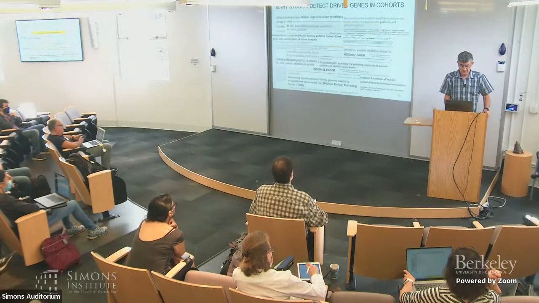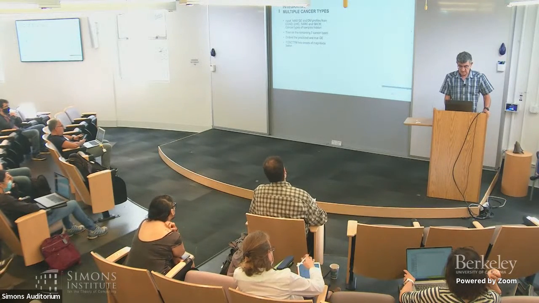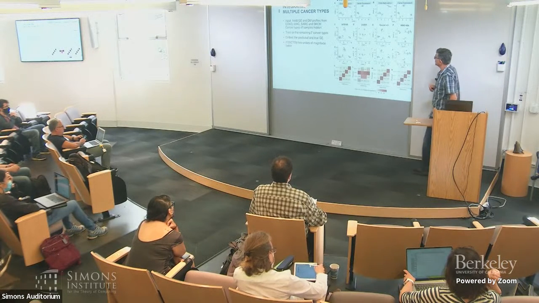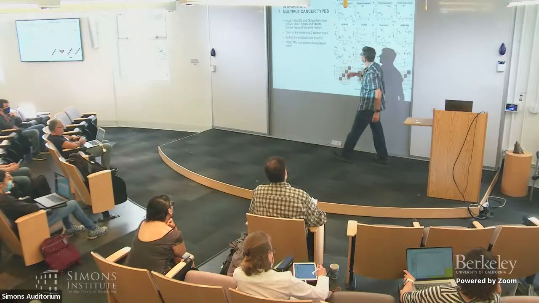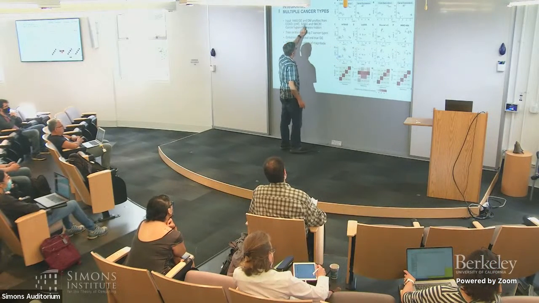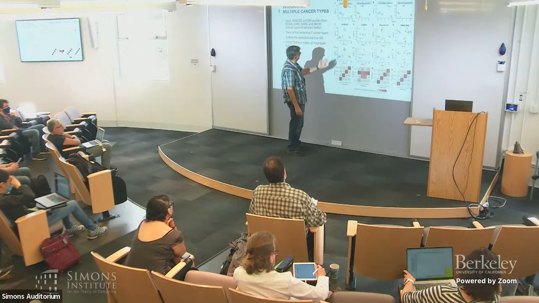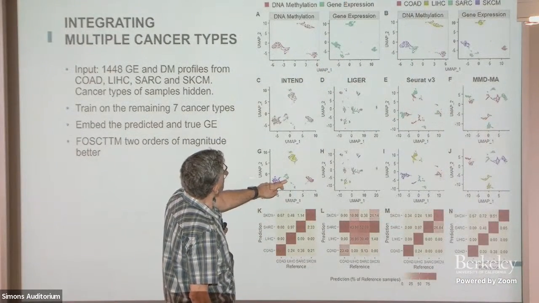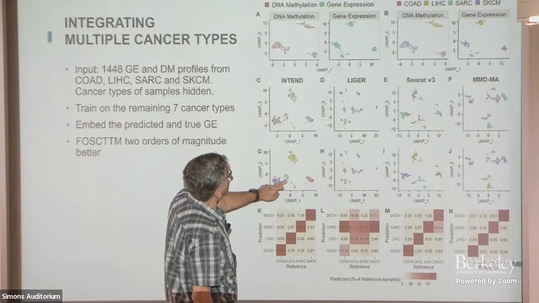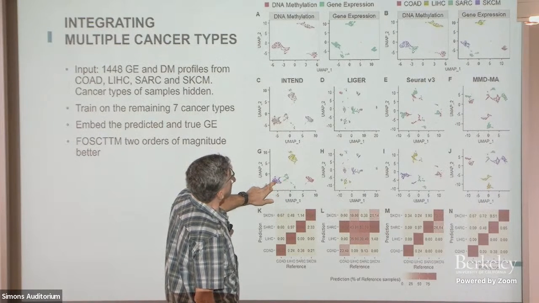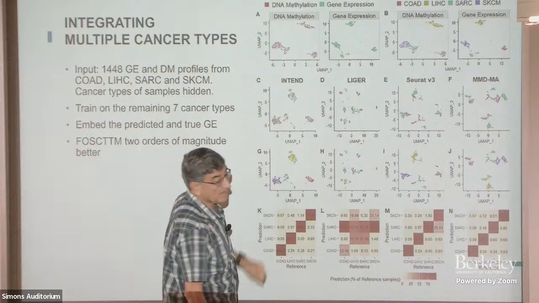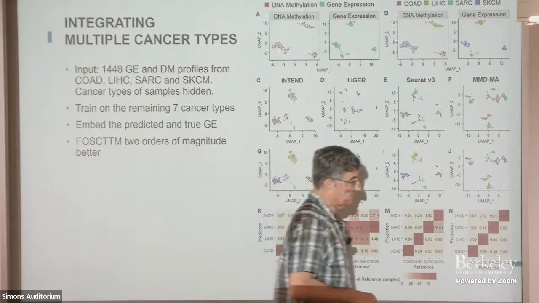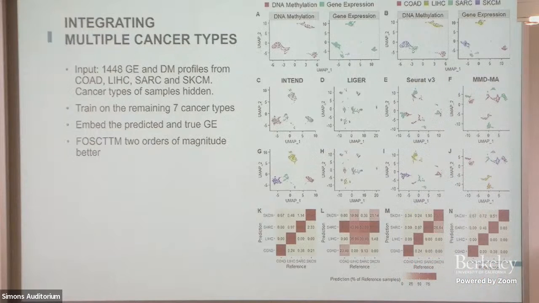Here we have 4 cancer types, and according to this, SARC and the melanoma are the closest. We haven't done this globally, but this is definitely something that can be done.